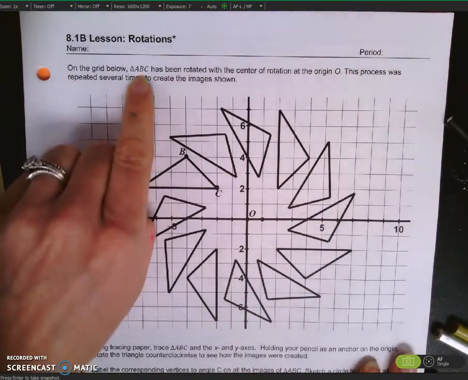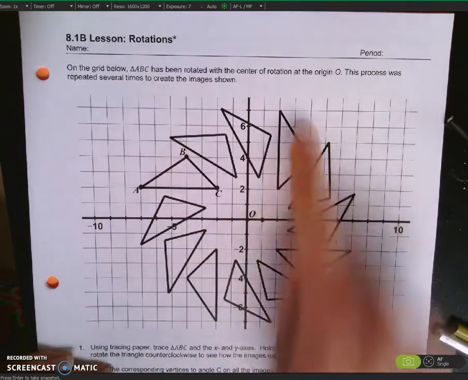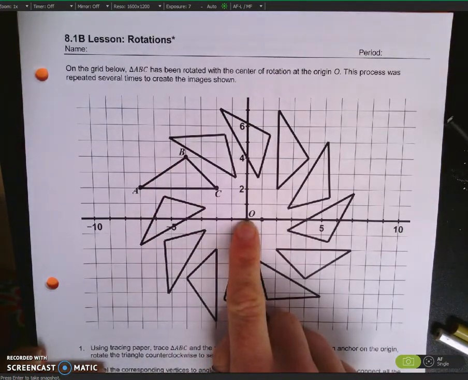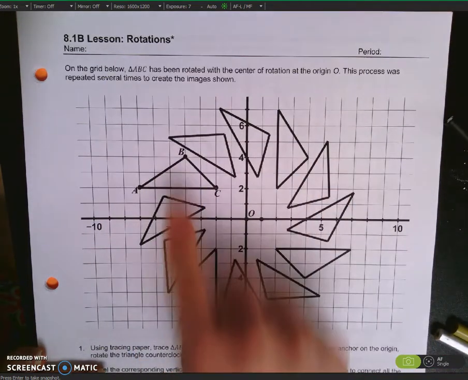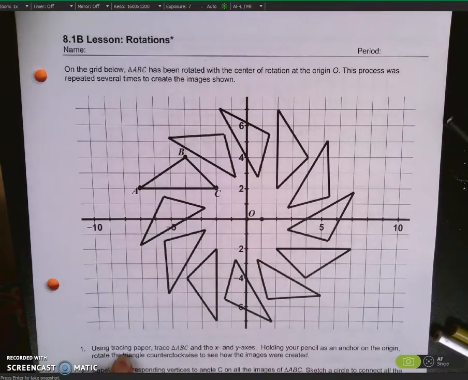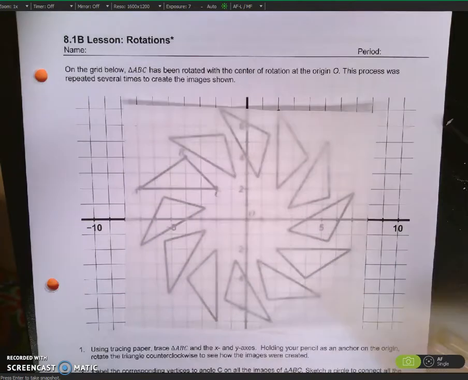On the grid below, triangle ABC has been rotated with the center of rotation at the origin O. This process was repeated several times to create all of the images shown. Using your tracing paper, your patty paper, trace triangle ABC.